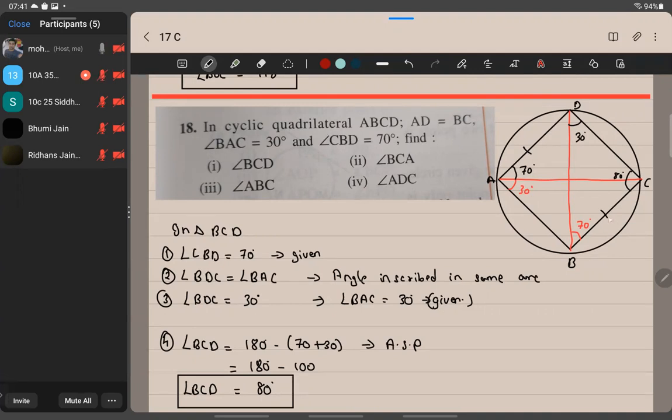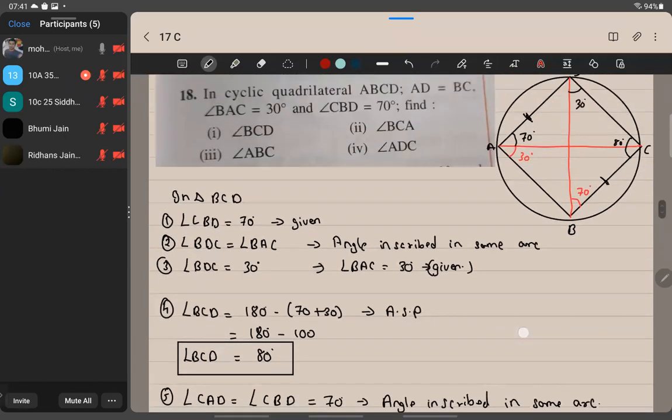Nothing else. Okay, sides are also equal, na? I forgot that only. You have to take that sides are also equal. We have to use that also.